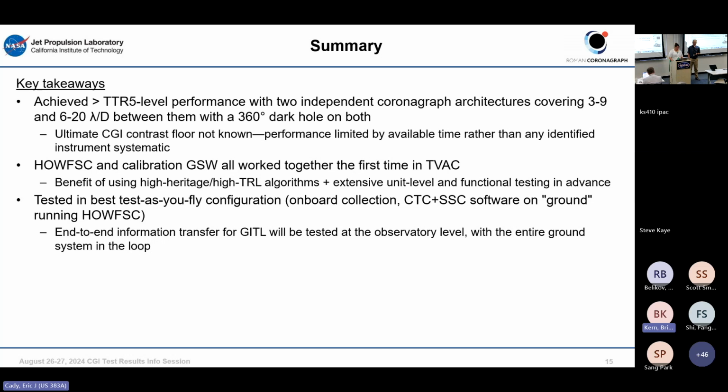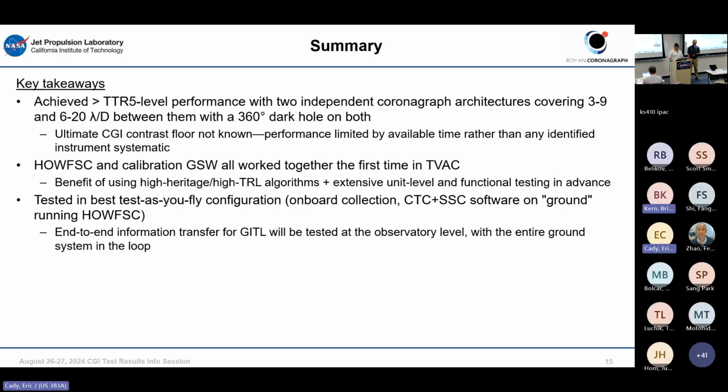And actually, I'll just mention that at the Roman level, we will do end-to-end information systems testing with GITL at the observatory level with the entire ground system in the loop. And so this loop of things going around will be tested.